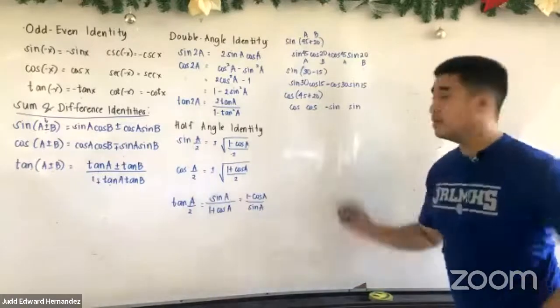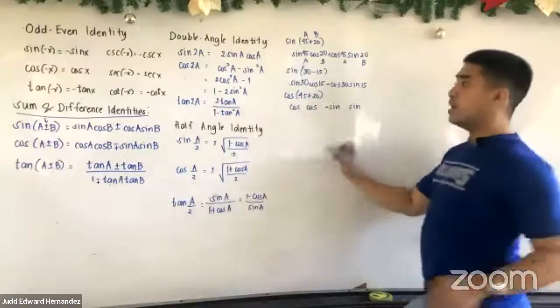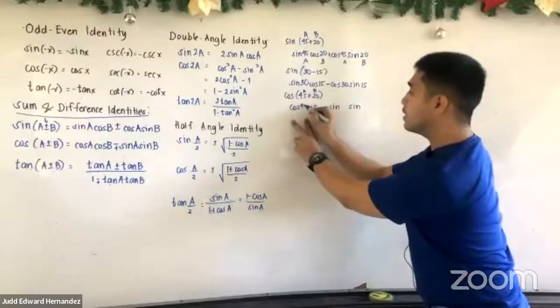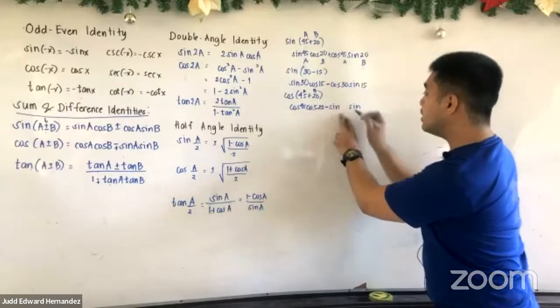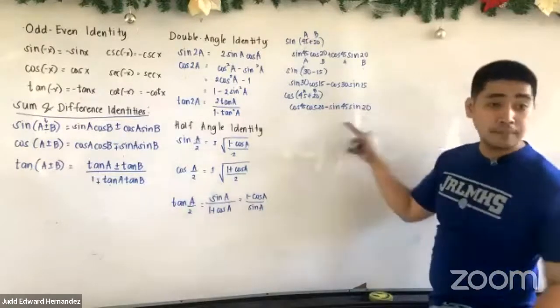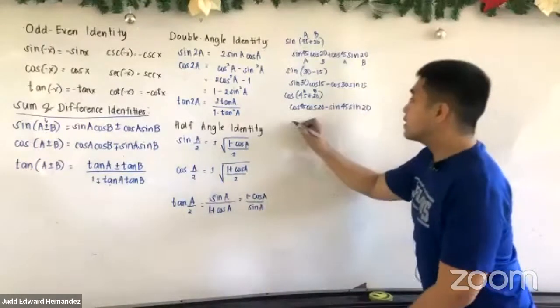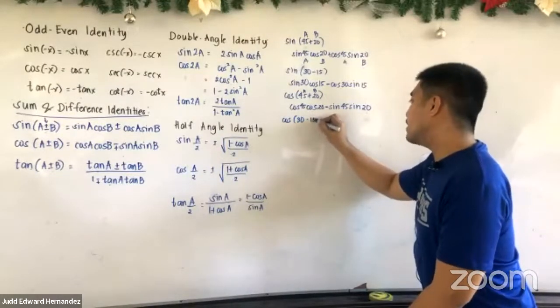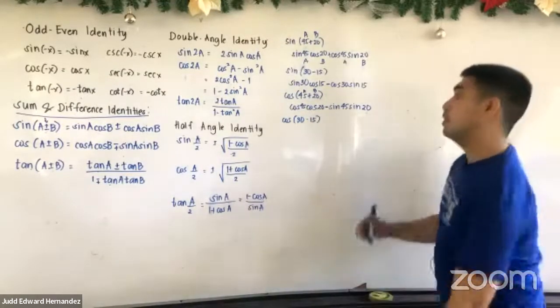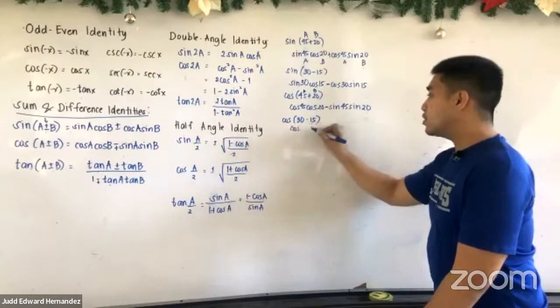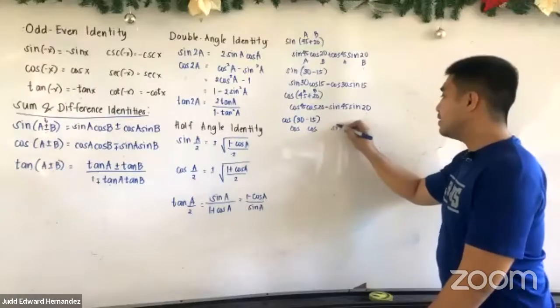Negative. Okay? Magiging minus na siya. This is angle A, this is angle B. Therefore, this is cosine 45 cosine 20 minus sine 45 sine 20. And this is the expansion. Next, what happens if you are given cosine 30 minus 15? Since this is cosine again, it takes the form cos, cos, sin, sin.